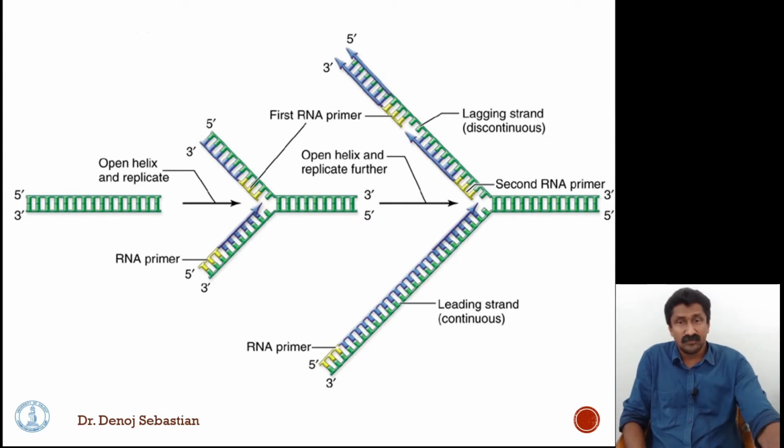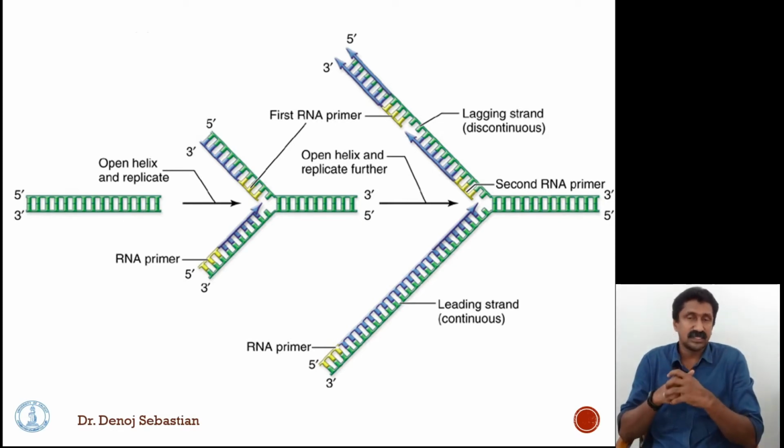And for synthesis of the DNA in both the leading strand and the lagging strand, we need an RNA primer, which is required to initiate the synthesis of the DNA, because DNA polymerase requires a free 3'OH group for extension.